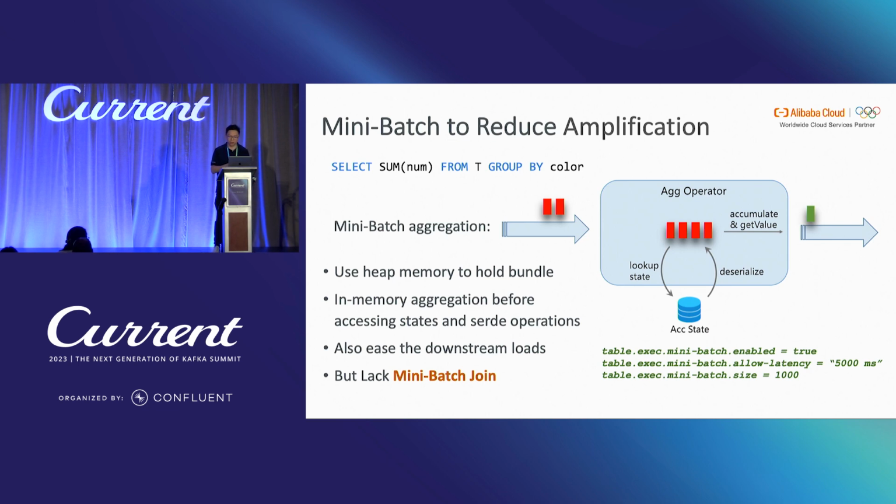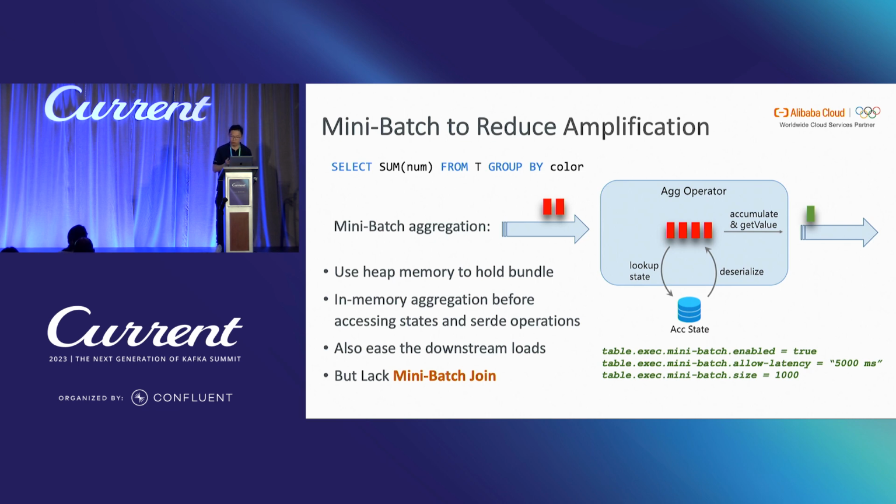If you define 4,000 records per batch, you can also use both. When the bundle is triggered, Flink will aggregate the buffered records into a single accumulator for each key and merge this accumulator with the one in state.